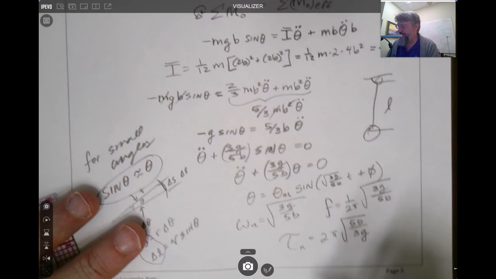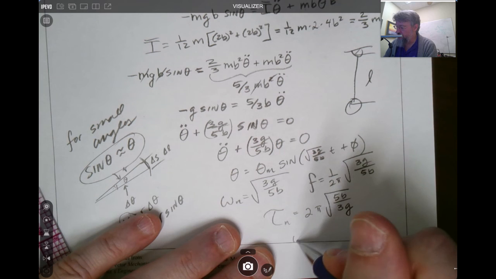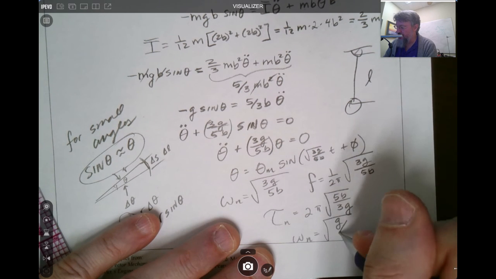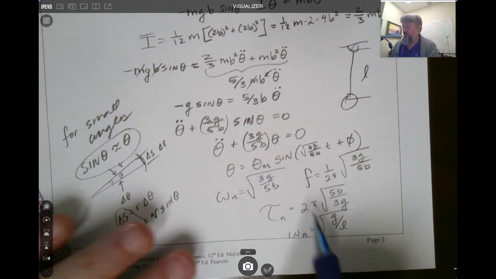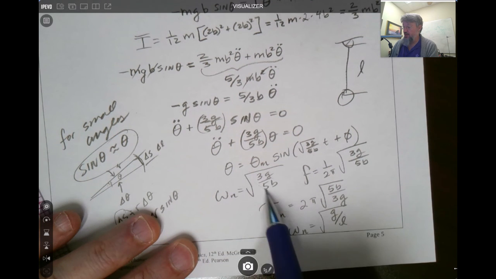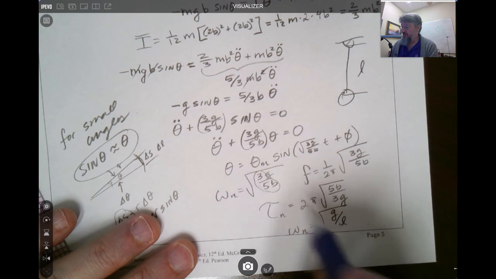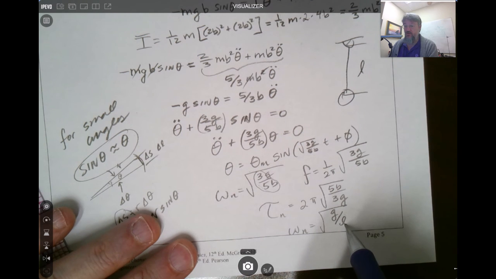Well, remember that for a pendulum, the natural frequency is the square root of g over L. So therefore, you look at this right here, and 5b divided by 3 would be the equivalent of L.